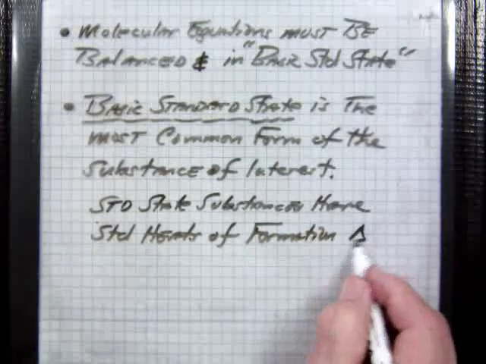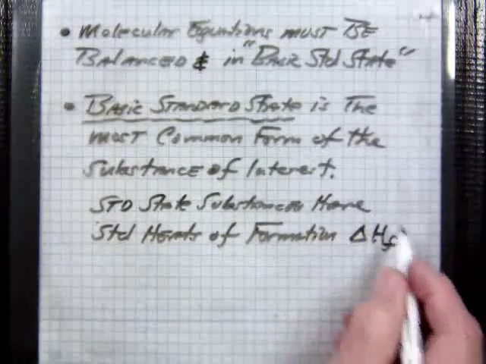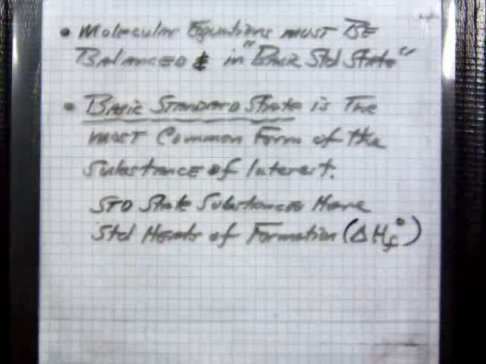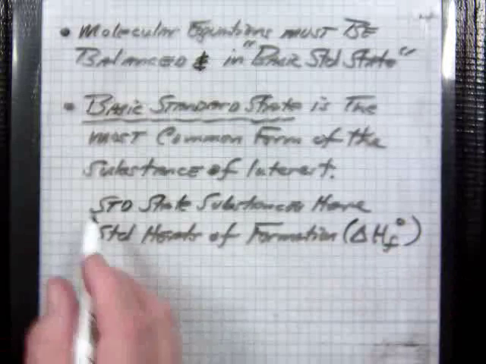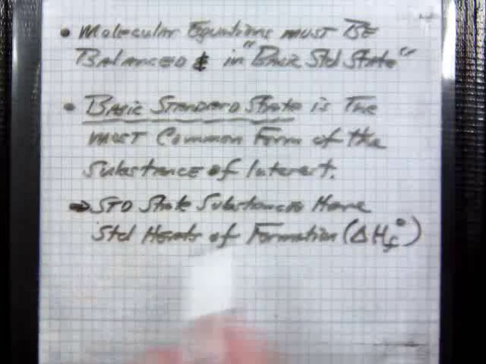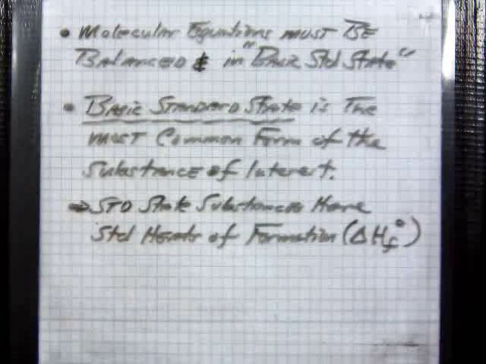And it has a symbol, delta HF, with a little circle at the top of it, like that. Is the symbology of it. Very important definition that you understand. I'll show you what it means.